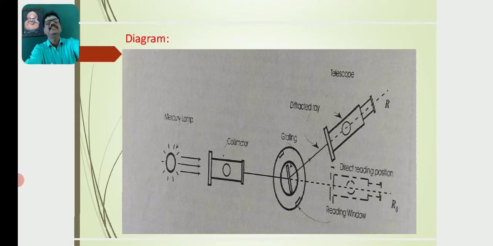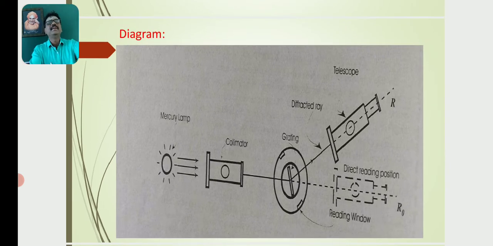Now you see the diagram, the arrangement of the equipments. It consists of a mercury lamp and a spectrometer, which has three important parts: collimator, telescope, and grating table.